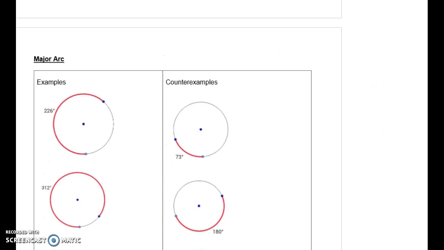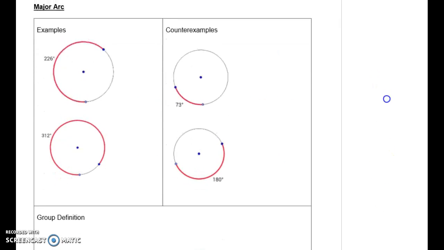A major arc is similar in scope, but a little bit different. Examples of major arcs include this one that's 226 and this one that's 312, and our counterexamples would be things like 73 and 180. As the name suggests, a major arc is a big arc.